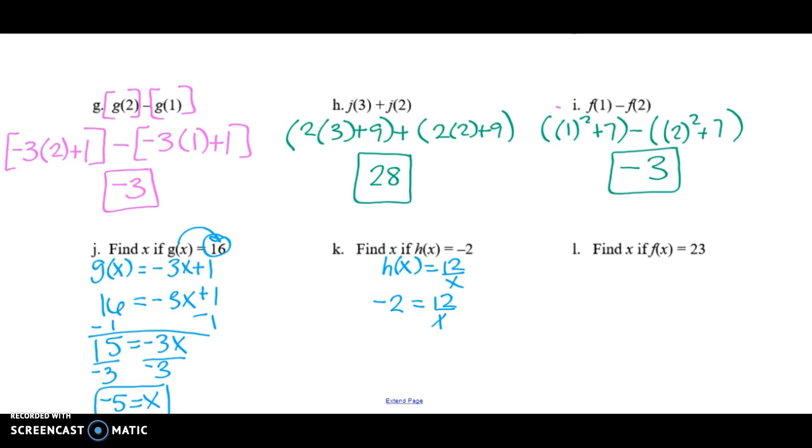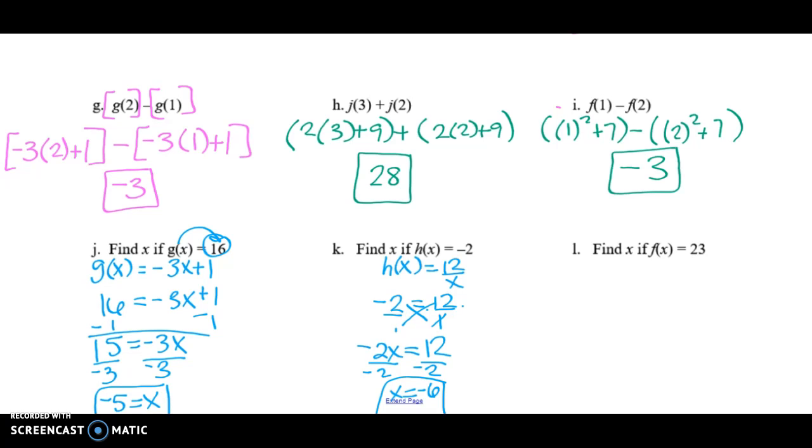The simplest way on this is to consider cross multiplication. Remember, negative 2 times x, 1 times 12. Or it's just a matter of multiplying both sides by x, because it's the same thing. And then we divide by negative 2. So x is negative 6.